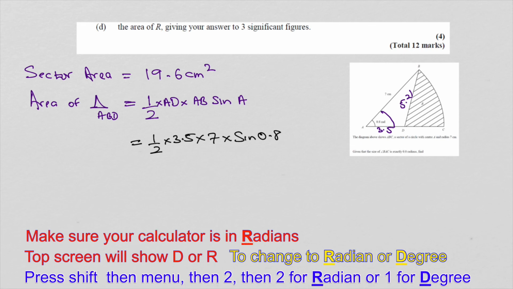Again, we have to make sure the calculator is in radians, with the top of the screen showing R. So if we plug in the values, we get 3.5 times 7 divided by 2 times sine 0.8, which is 8.788 centimeters squared. That's the area of the triangle.